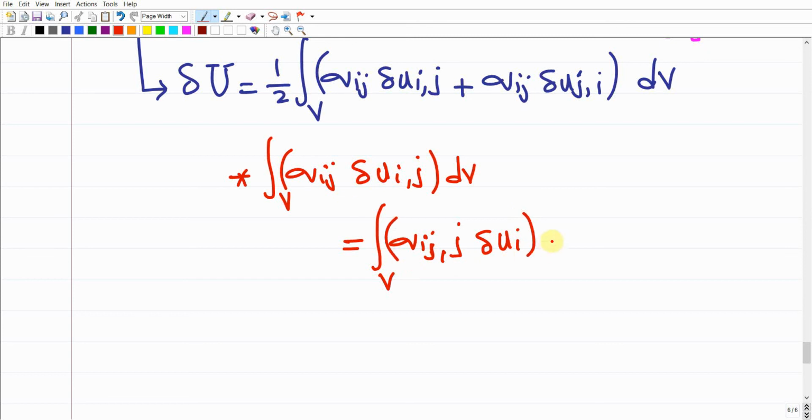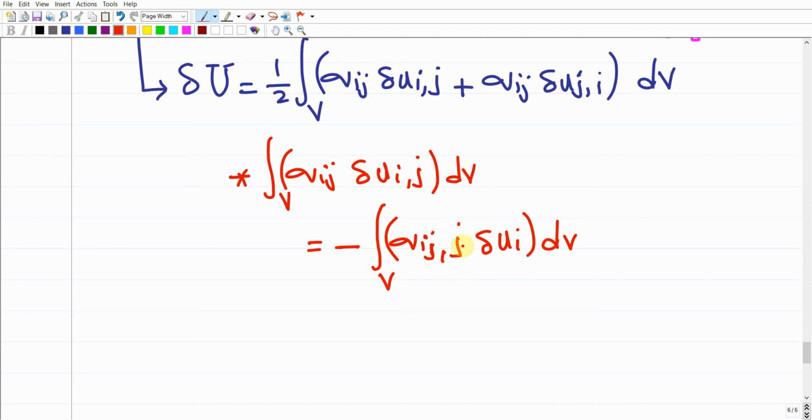This is going to give us the integration over the volume, and there should be something here that you should understand. According to the variational calculus, if we apply one first derivative over any variable, because of the first variation, this is going to give us a negative sign. There should be a negative sign here, right?